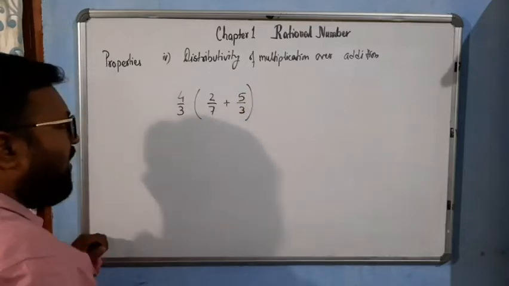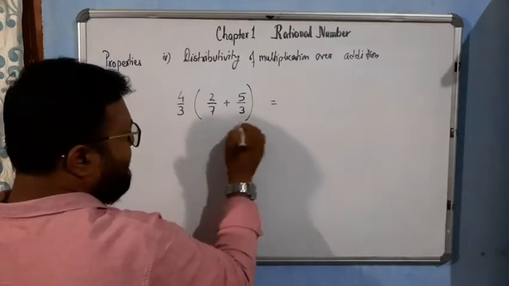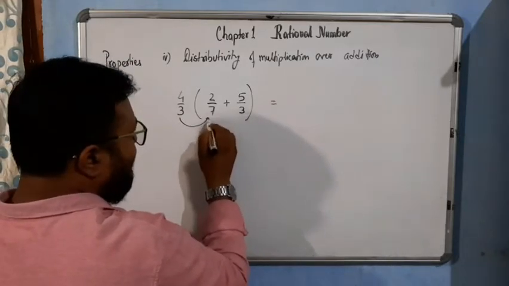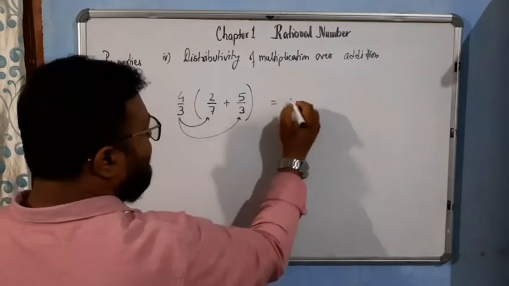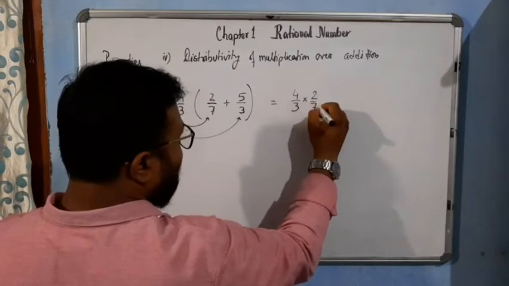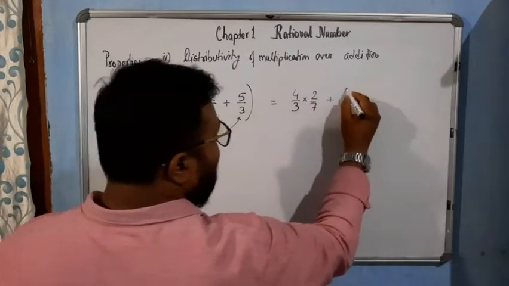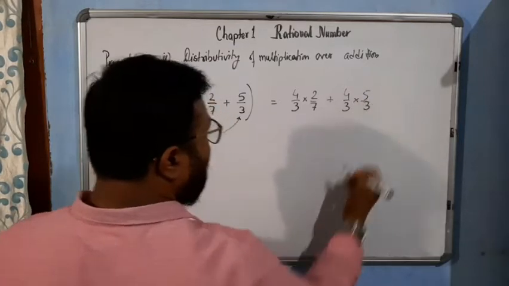Okay, now what will be the result? As I told you, first we will multiply with this first number, then plus with the second number. So 4 by 3 into 2 by 7 plus again 4 by 3 into 5 by 3.